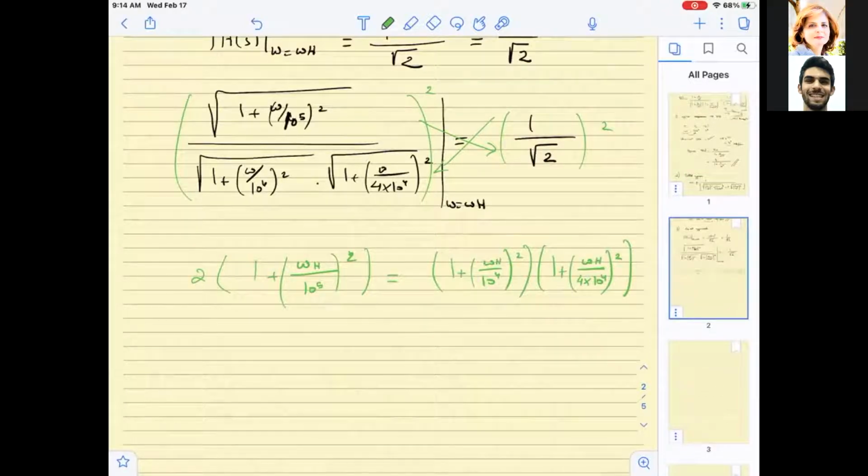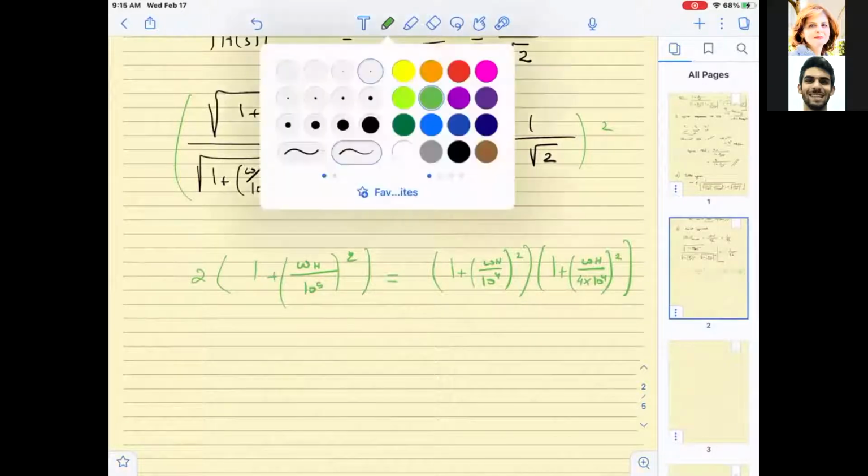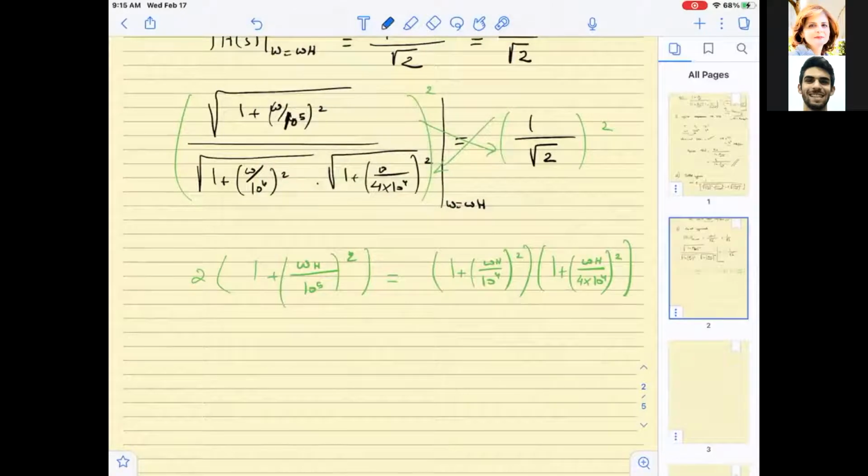Okay, now this is a polynomial equation in omega H, and I need to find its roots. To simplify things, we say let x equal omega H squared.